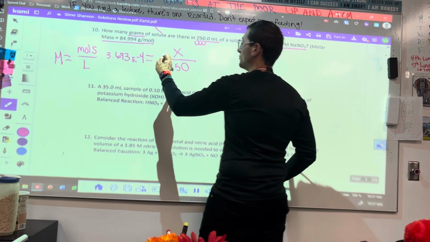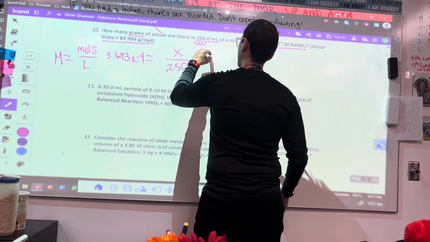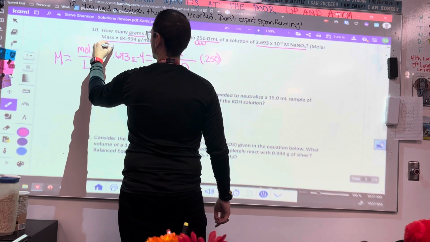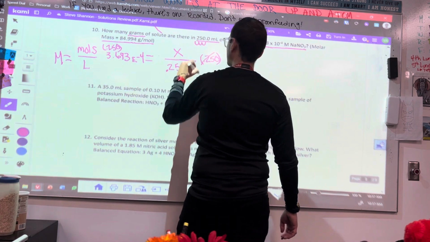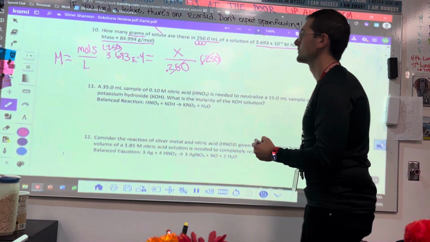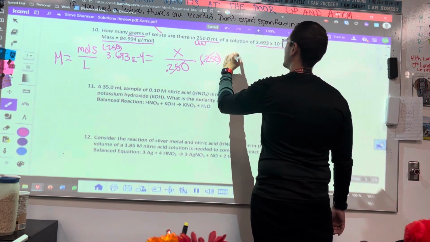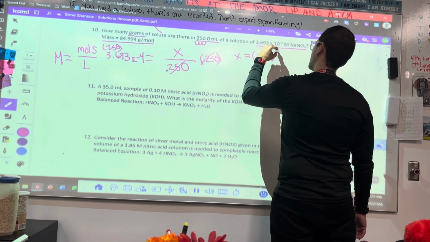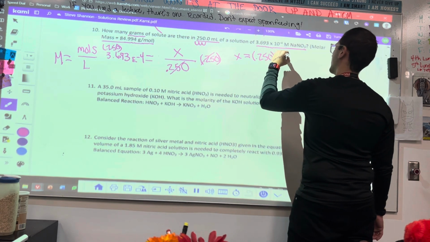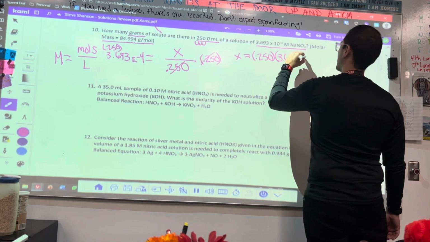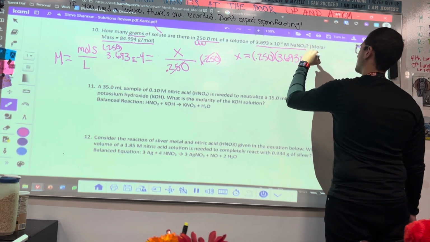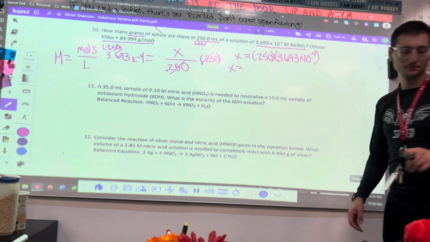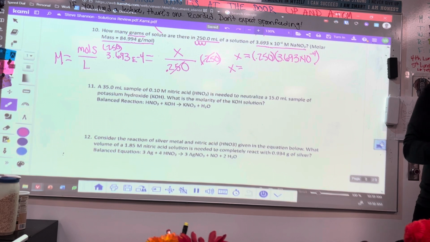So I'm going to multiply by 0.250 on both sides. And that will give me X equals 0.250 times 3.693 times 10 to the negative 4. Put that in my calculator.